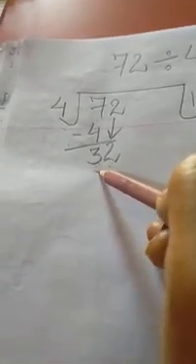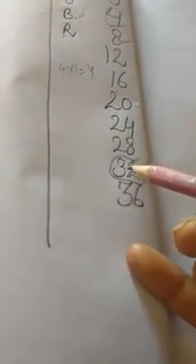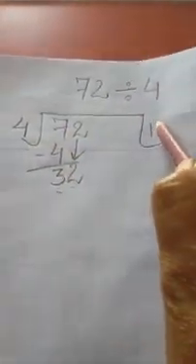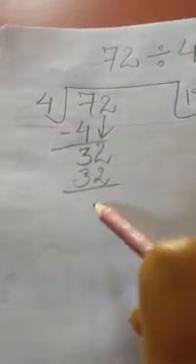For multiplication, we will see the table of 4 to find what can be written under 32, and we found that 32 can be written under 32. 4 zeros the 0, 4 ones the 4, 4 twos the 8, 4 threes the 12, 4 fours the 16, 4 fives the 20, 4 sixes the 24, 4 sevens the 28, and 4 eights the 32. We found this number, so we will multiply. 4 eights the 32.